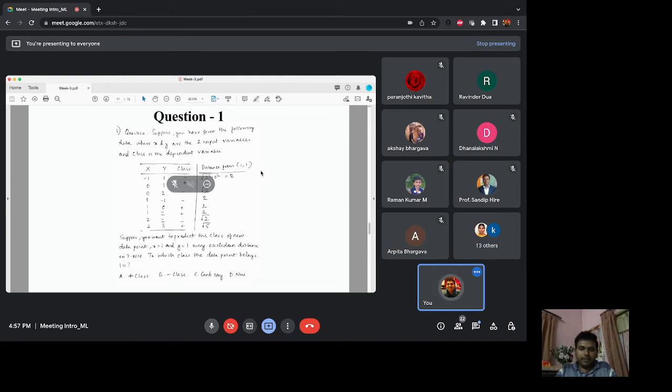The first point will be 1 plus 1 whole square plus 1 minus 1 whole square, which is root over 4, which is 2. The second is just 1, the third one is root over 2, and so on. So you are taking a 7 nearest neighbor, k is set to 7 in this case.